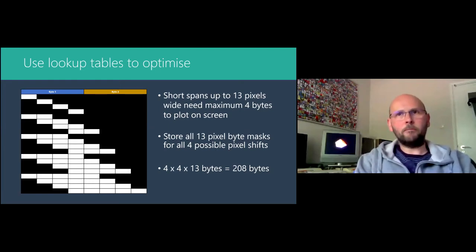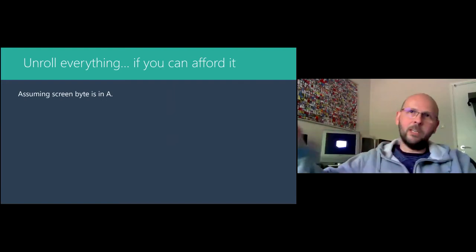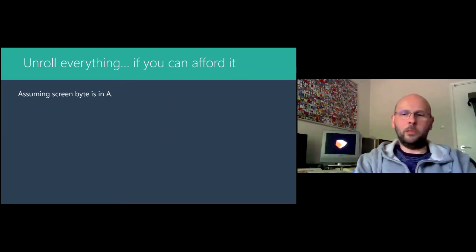That's not too bad. As with everything on 6502, if you want to make it as fast as possible, then you need to unroll everything that you can and try to avoid loops if you can afford it. So if we think about our imaginary perfect line drawing routine, we're trying to draw a consecutive load of pixels on the screen as fast as humanly possible.